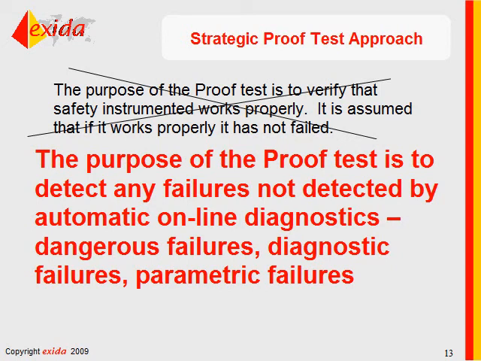So this is maybe a little bit of an extreme approach. And obviously, when you are performing a proof test, it would be nice to demonstrate that your function is able to do what it's supposed to do. But from a probability of failure perspective, a safety integrity perspective, the objective of the proof test is to detect any failures that are not detected by automatic diagnostics.